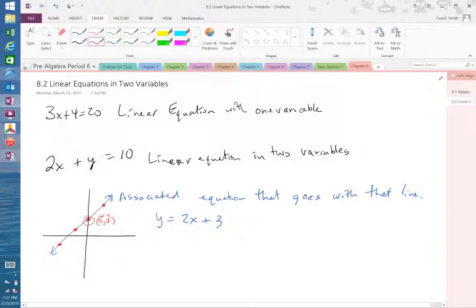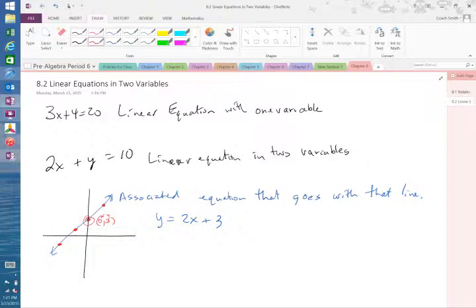So, to graph that line or have an equation of that line, we've got to have an equation that has two variables in it. Now, there are linear equations that only have one variable that you can graph. Usually they're a horizontal or a vertical line. Not all the time, but usually.